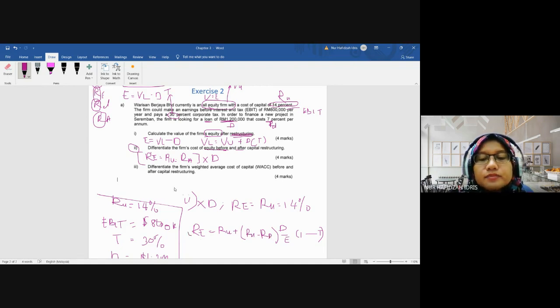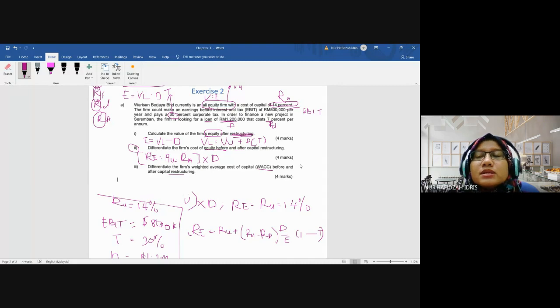Nombor 3. Okay, differentiate the firm WACC before and after capital restructuring. So WACC is the cost of capital before and after restructuring.